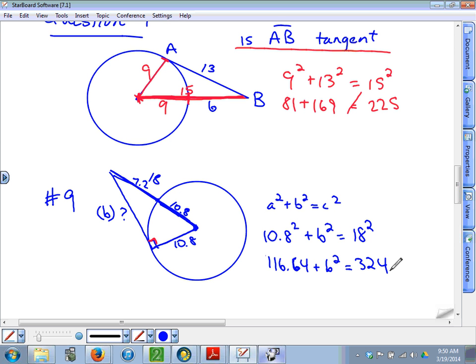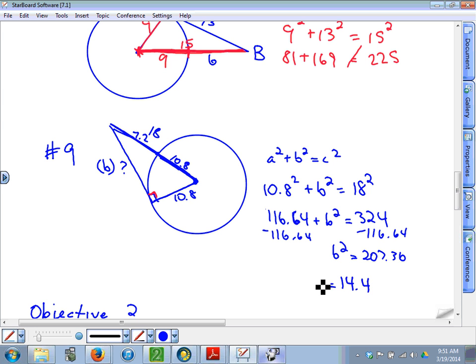And then you subtract what from what? Okay. Subtract this on both sides. So b squared equals 207.36. Square root that.